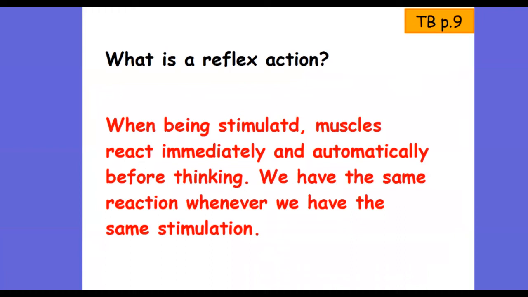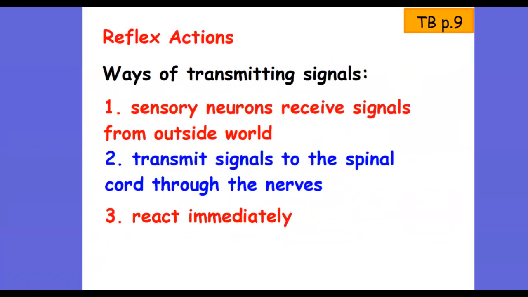We have to take the reaction. So that is what it means by reflex action. For reflex action, these are the ways to transmit the signal. First of all, our sensory neurons receive the signals from the outside world. Secondly, we transmit the signal to the spinal cord through the nerves. Finally, our action: we will react immediately without any thinking.